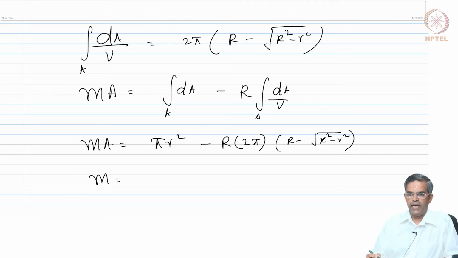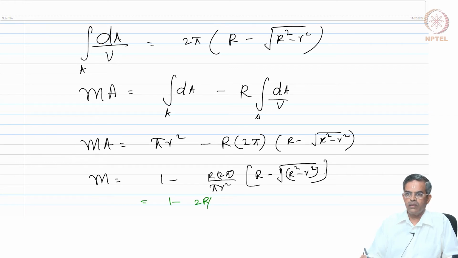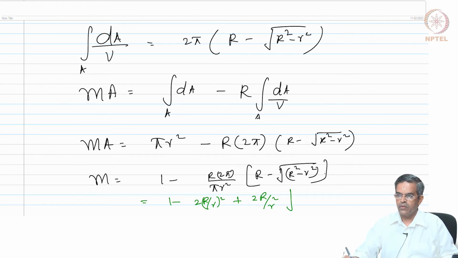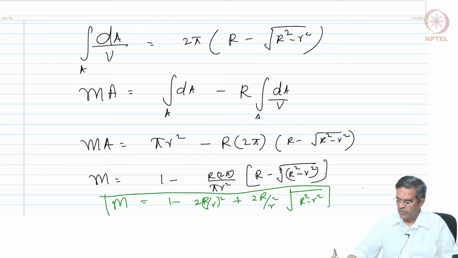So, now I can find M as 1 minus R of 2 pi by pi r square times R minus root of R square minus r square, which will be equal to 1 minus 2R by r the whole square plus 2R by r square of root of R square minus r square, that is M for a circular section.